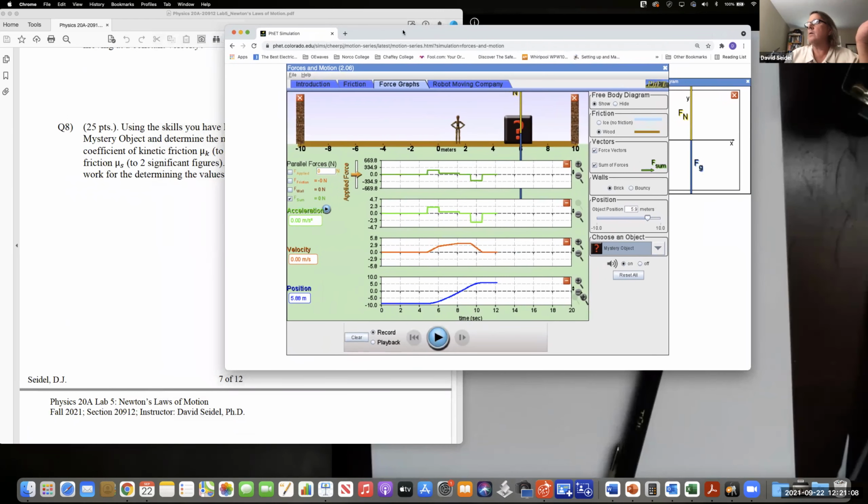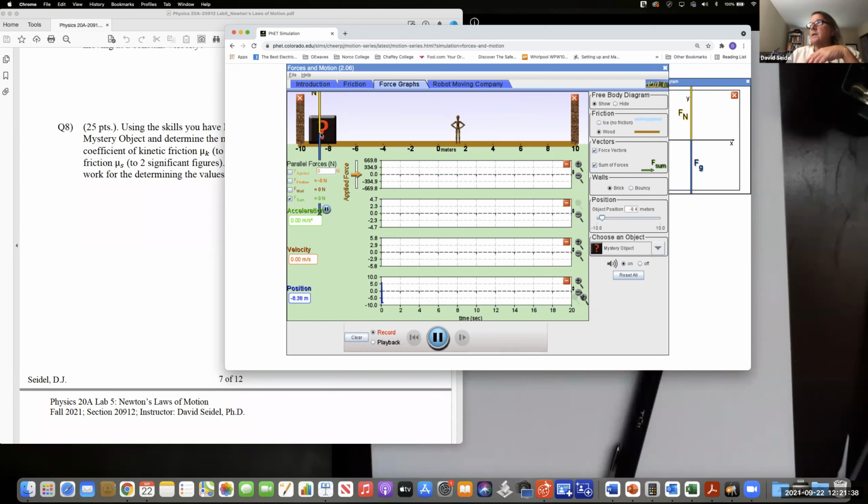Now, let's just take a look at something here. We're going to clear everything and put it back right around to zero. You can get a couple of these numbers quickly.